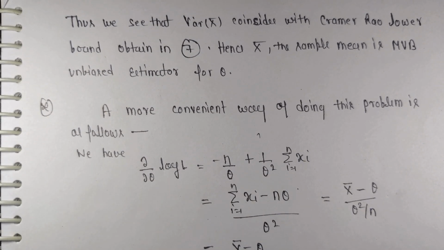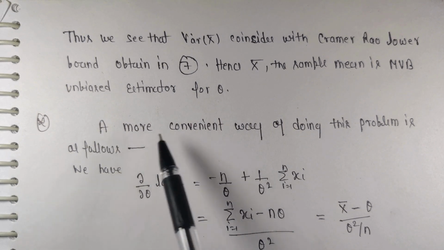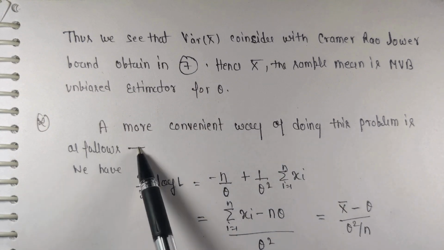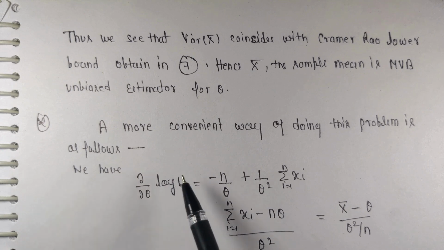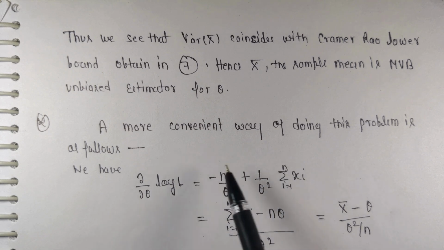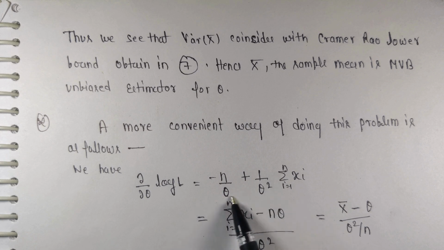You can see here, in the next step, I have mentioned that a more convenient way of doing this problem is as follows. We have the first derivative of the likelihood function, and we can write it in the form of this expression.